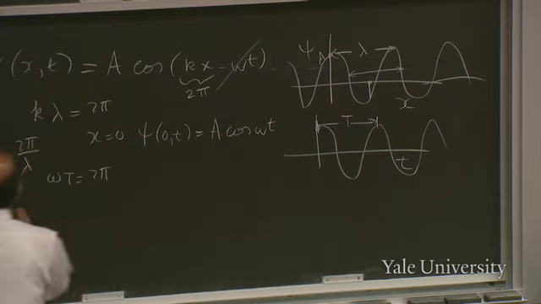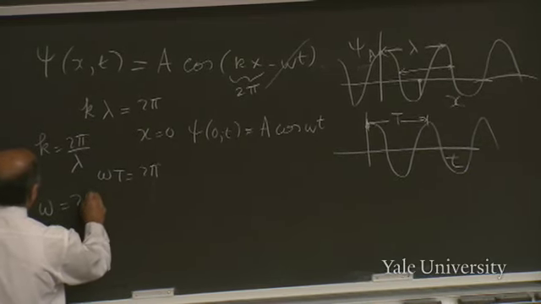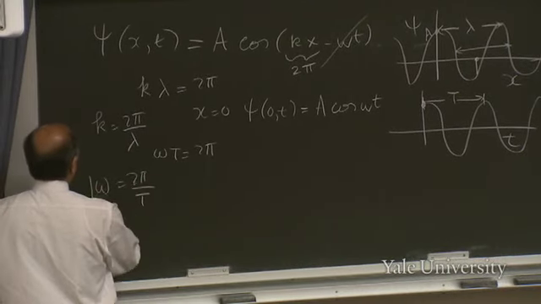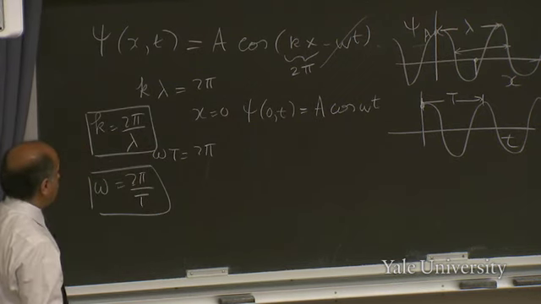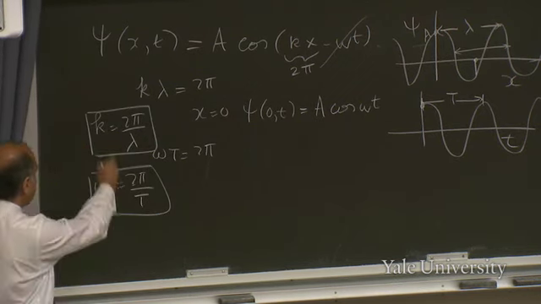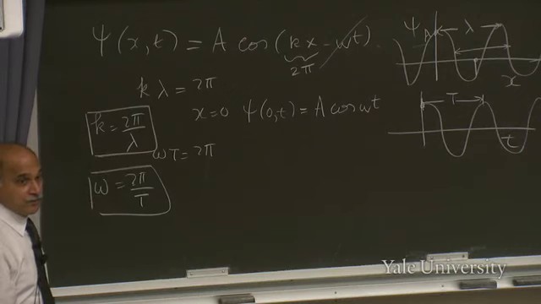Therefore, omega is 2 pi over T. In other words, k and omega, which we put into the wave, are related to the time period and the wavelength through this reciprocal formula.